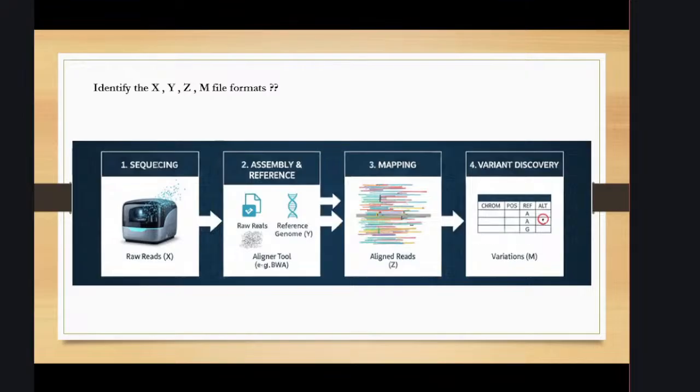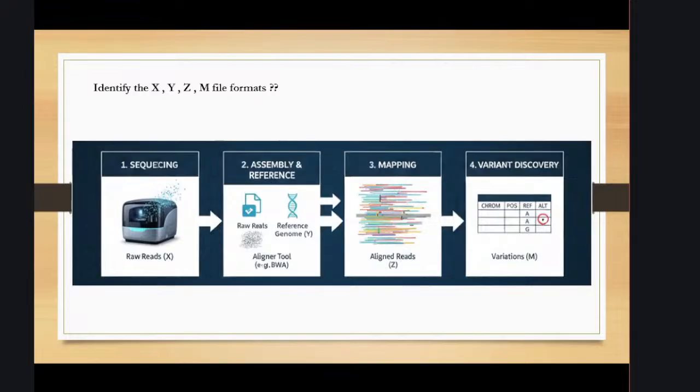Can someone tell me why you are thinking that X is a FASTA sequence? After sequencing, from the sequencer you get an output, raw reads.